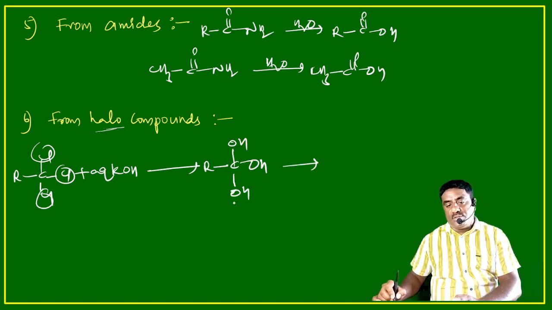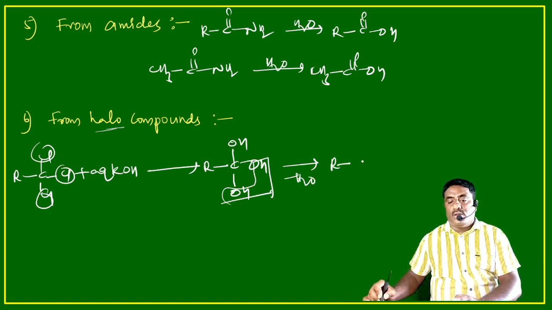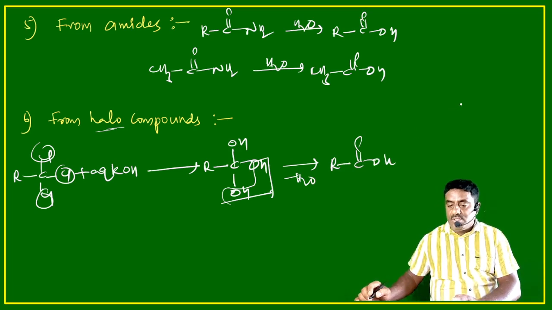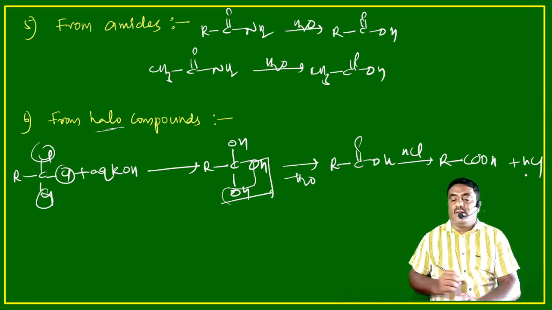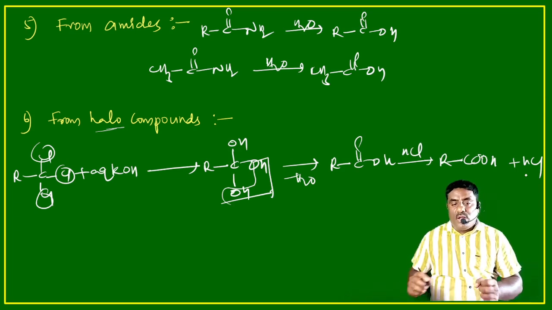It is unstable, losing water, to form RCOOK, a potassium salt. The potassium salt acidified in presence of HCl gives carboxylic acid RCOOH plus KCl. This is from halo compound.